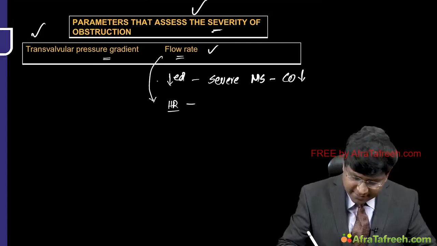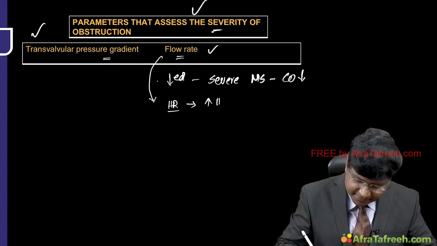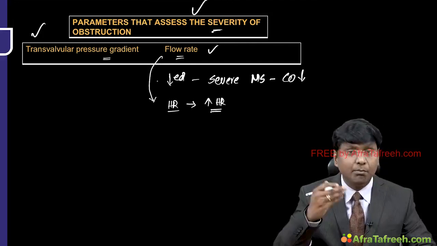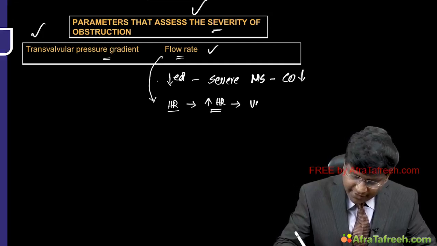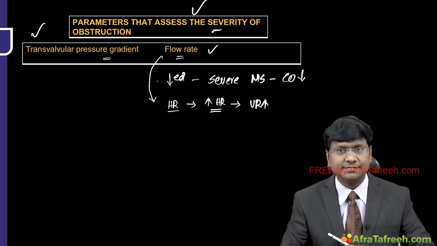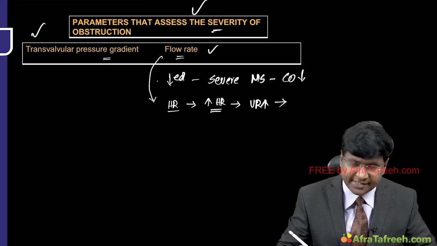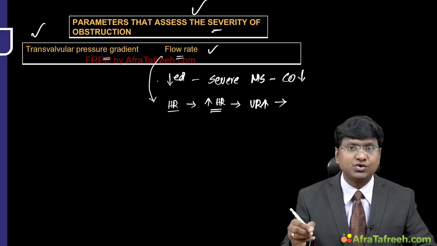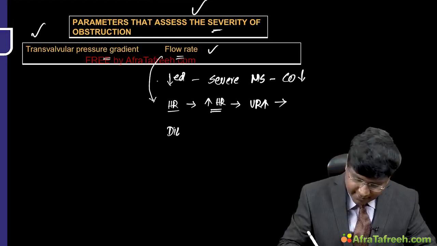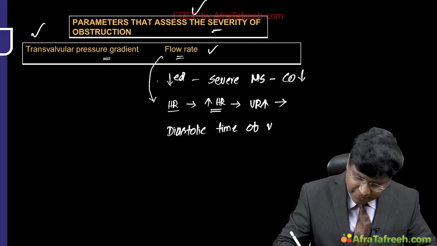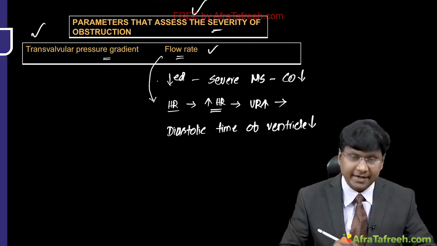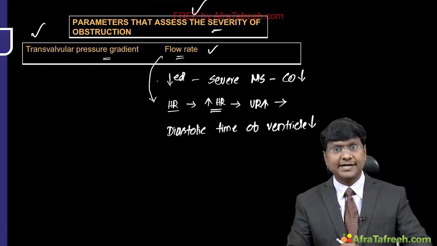The more the heart rate, what will happen? The ventricular rate increases. When ventricular rate is increasing, what will happen to the diastolic time of the ventricle? The diastolic time of the ventricle is reduced.